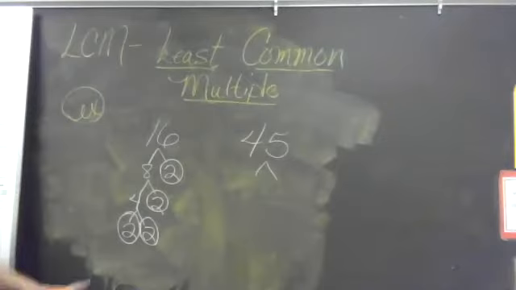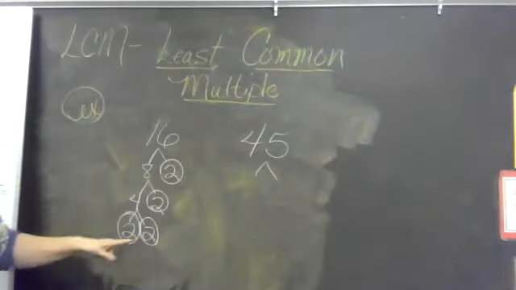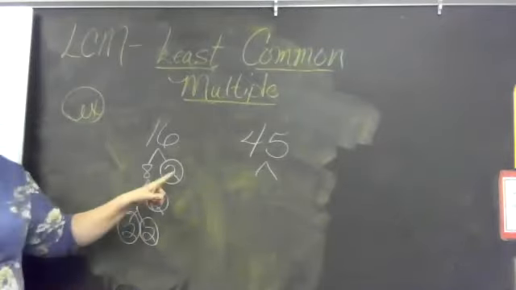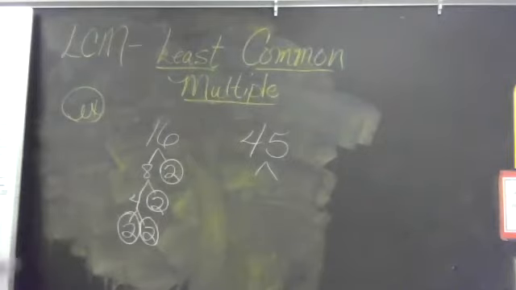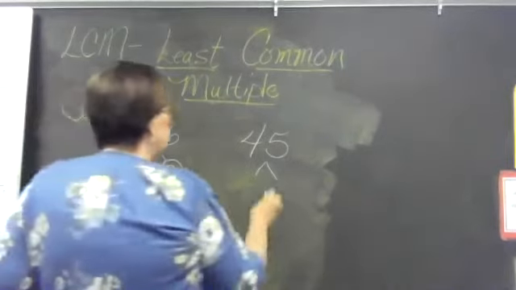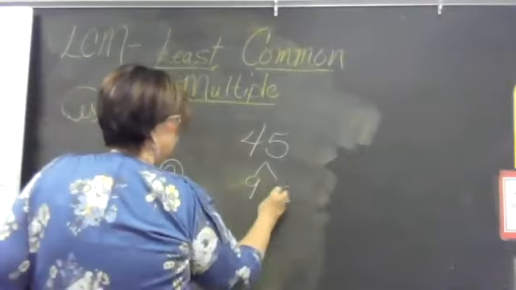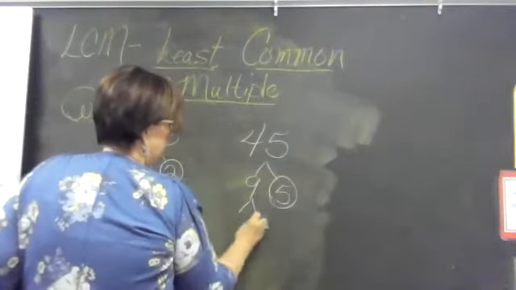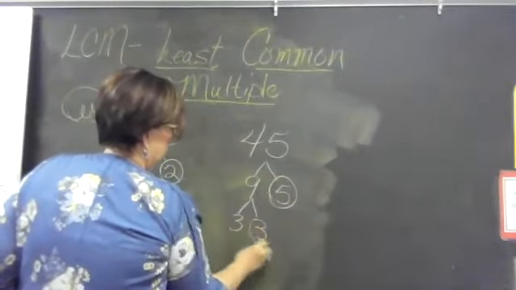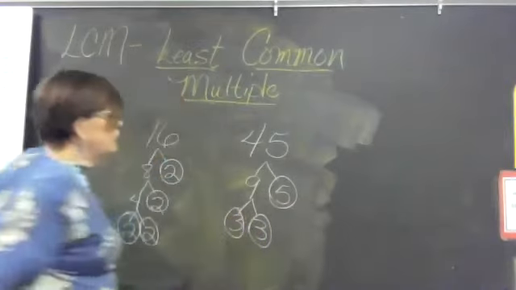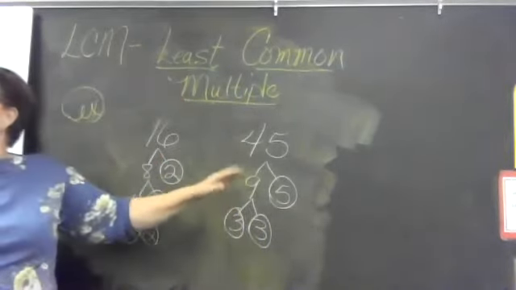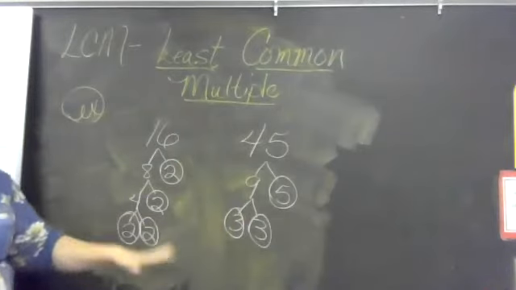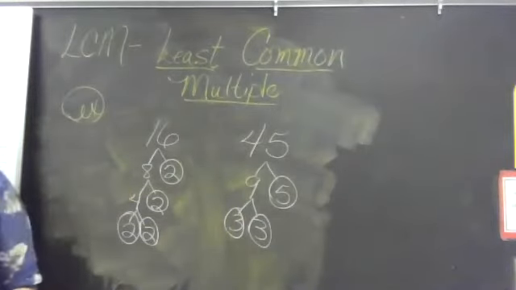However you started, you should end up with 4 2s at the bottom of the 16. Check your work. Notice how we didn't have one level, we just kept on going until all of our bottom numbers are primes.